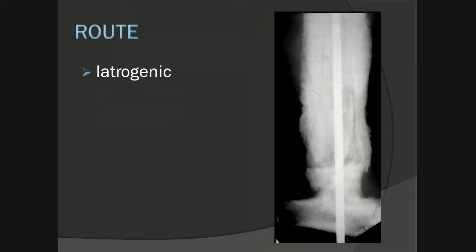Iatrogenic causes, for example, in this case after surgical repair, are luckily quite uncommon, but poor surgical aseptic technique during an open reduction and internal fixation of closed fractures may be a cause of it. In this case, again, note the severe circumferential thick brush-like periosteal reaction associated with a tibial fracture.